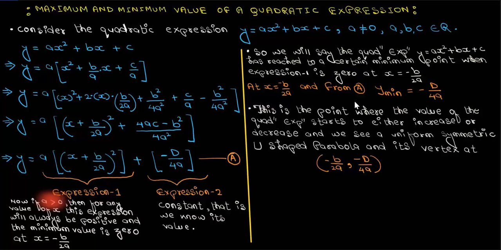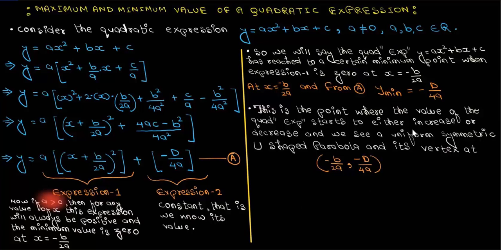And from this equation A, we can say the minimum value of y will be minus D by 4a, because at x equal to minus b by 2a this term becomes 0 and we are left with minus D by 4a. This is the minimum value of this polynomial where a is greater than 0.